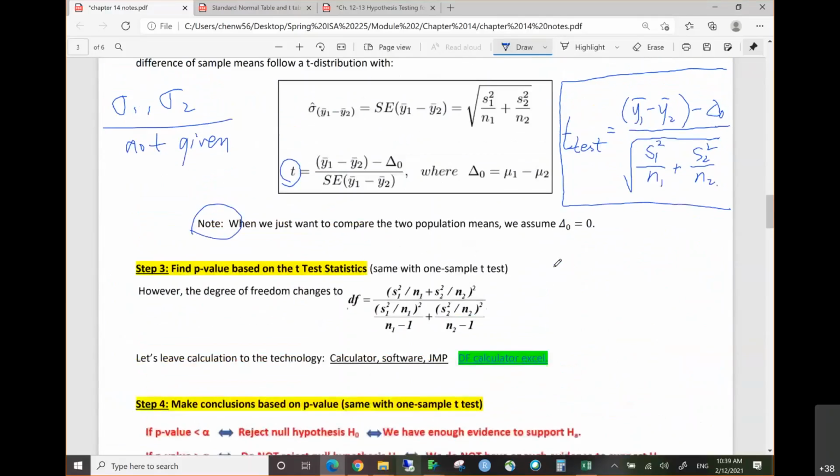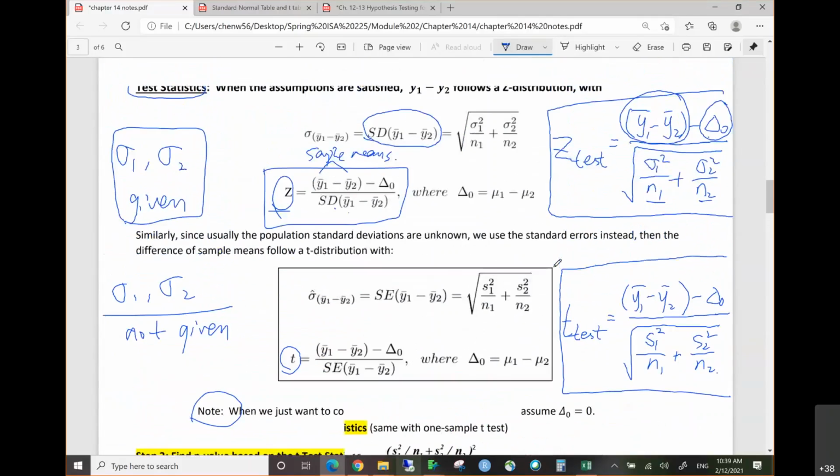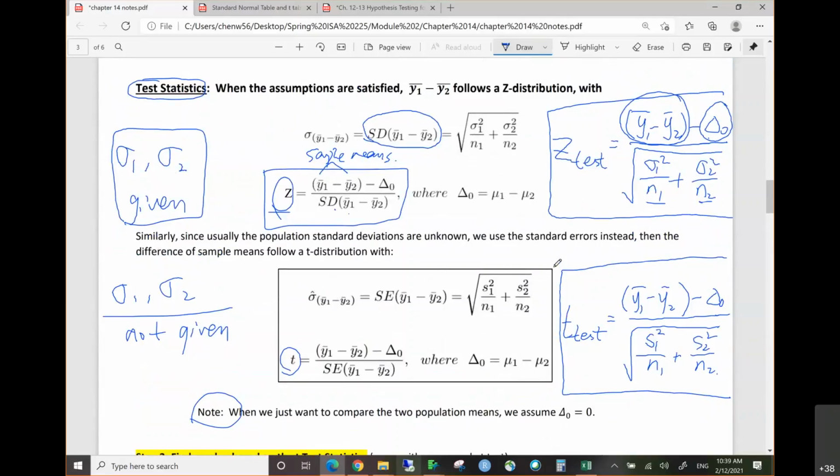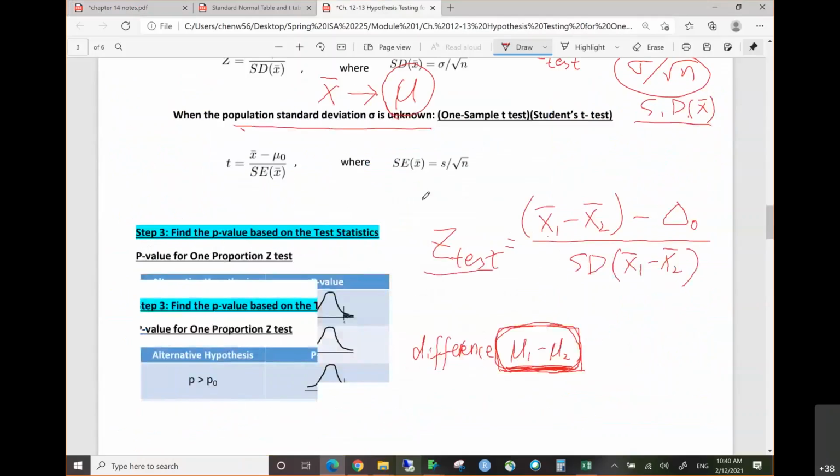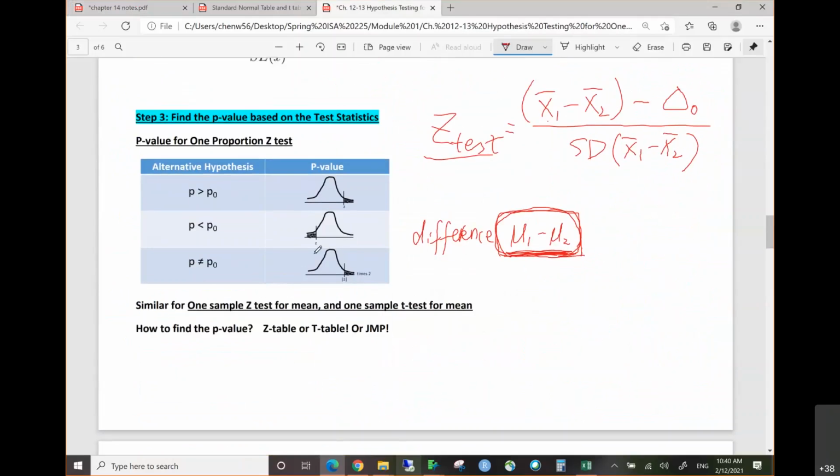Okay, so once we have the test statistic, what will be the next step? Use the test statistic to find the p-value, right? So it will be exactly the same steps. For the z-test statistic, let's review a little bit how you can find the p-value.